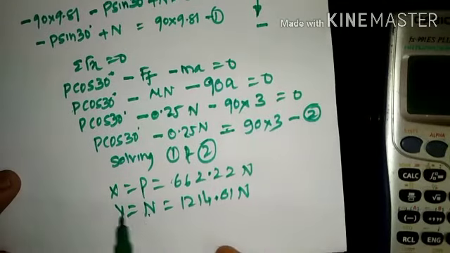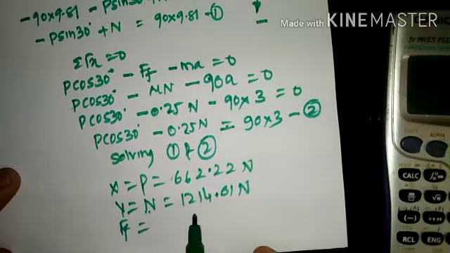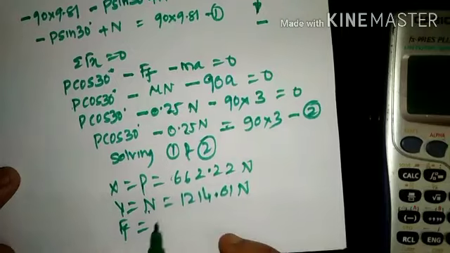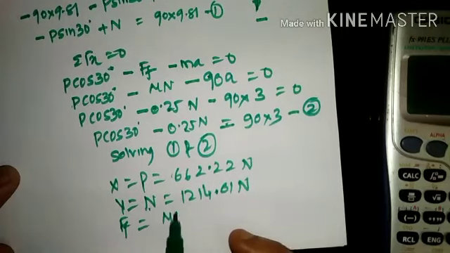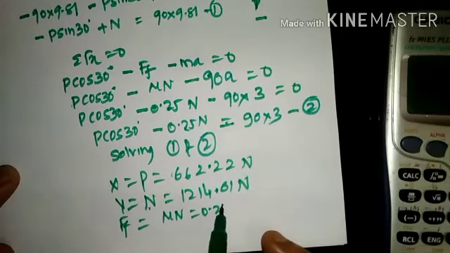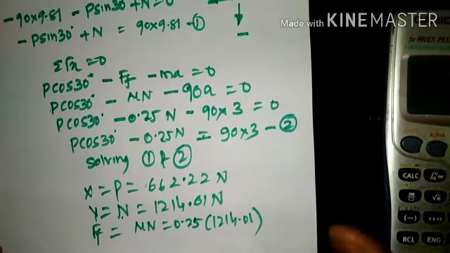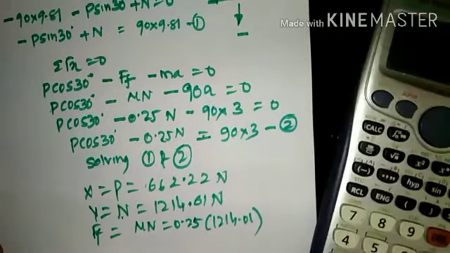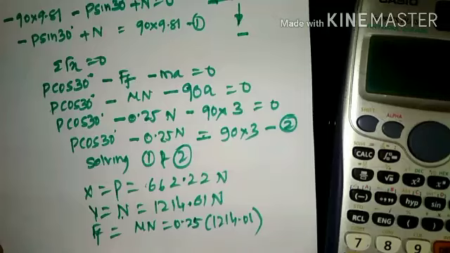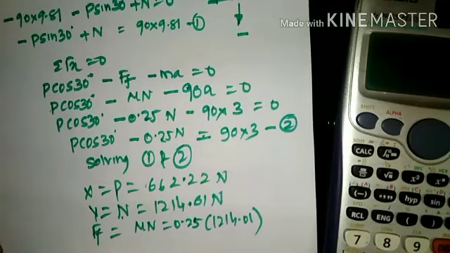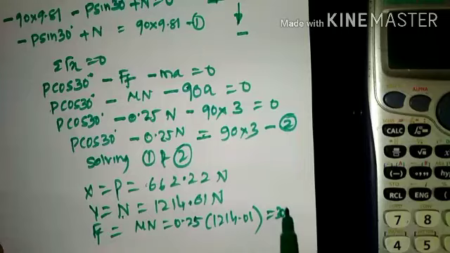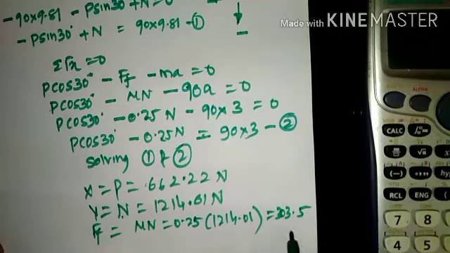If you substitute N back into the frictional force, the frictional force value will be F_f equal to mu times N, which is 0.25 times 1214.01. As a result, the frictional force value shall come out to 303.5 Newton.